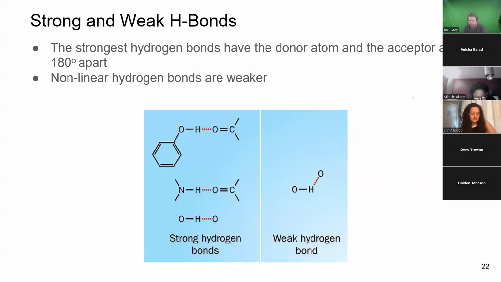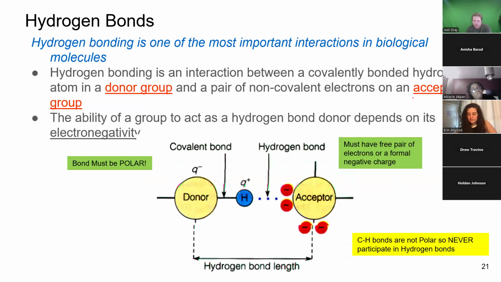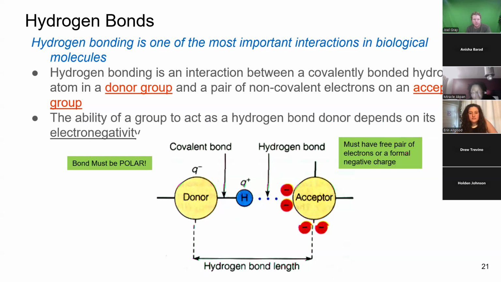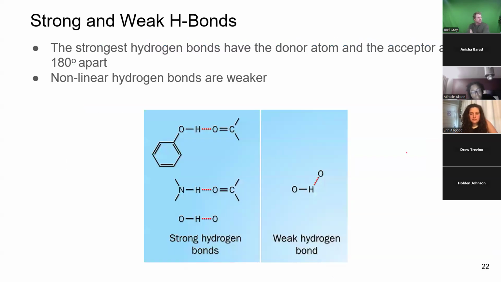Now, hydrogen bonds, even though we've got this number right here, a hydrogen bond is approximately 20 kilojoules per mole. Not all hydrogen bonds have that exact same strength. The reason for that is, look at this right here. Non-linear hydrogen bonds are weaker. The strongest hydrogen bonds have the donor atom and the acceptor 180 degrees away from one another.